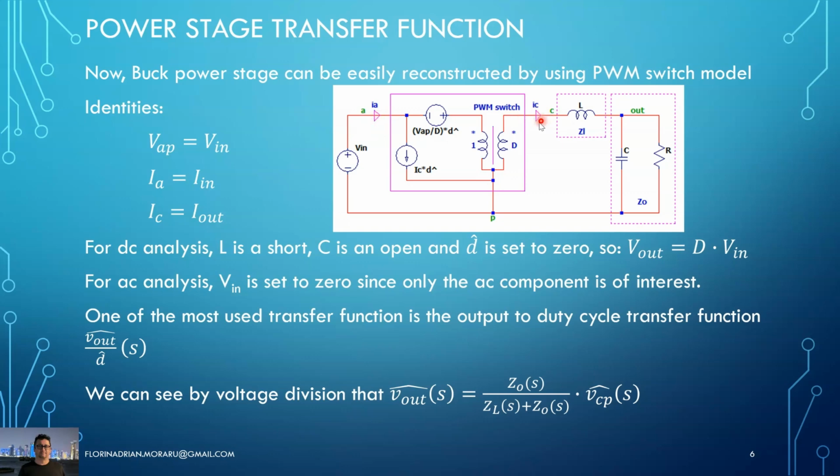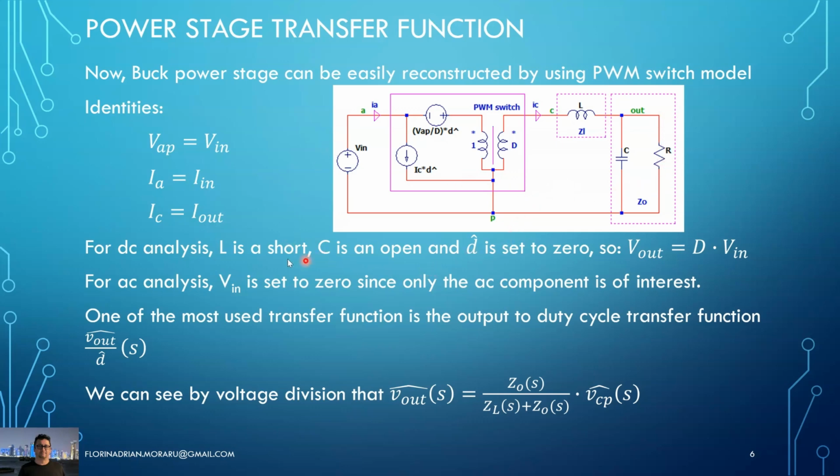And the current in the C terminal is actually the output current, because we are doing our analysis for our buck converter in continuous conduction mode, and we know that the average current in the inductor is the output current.